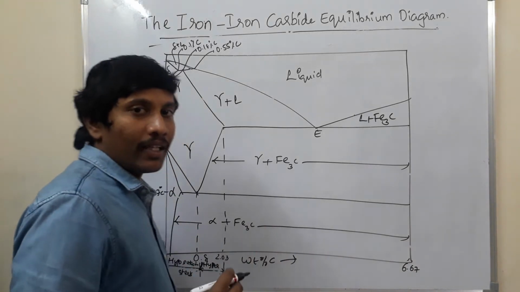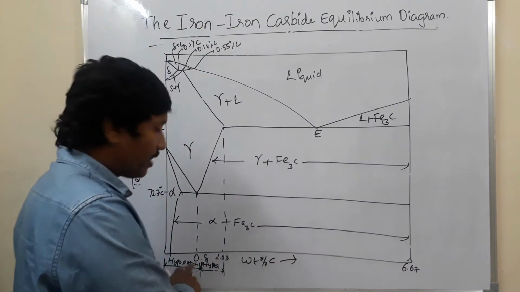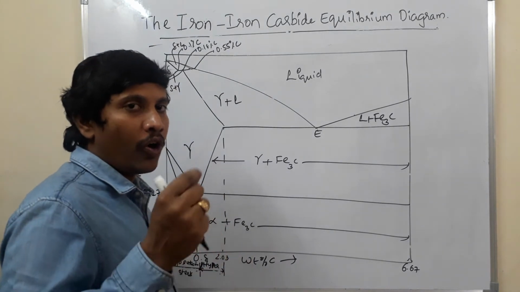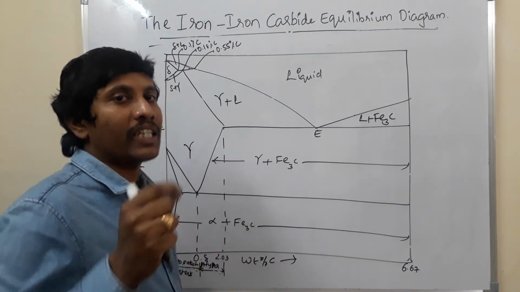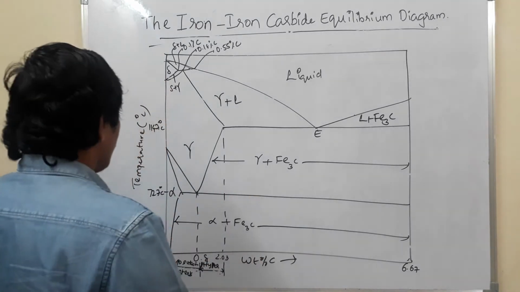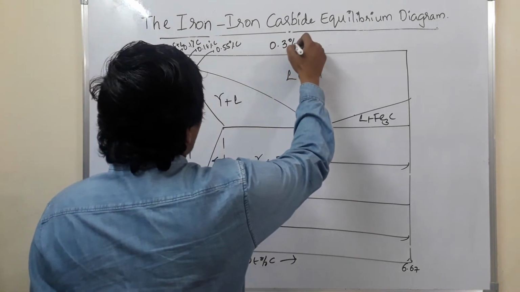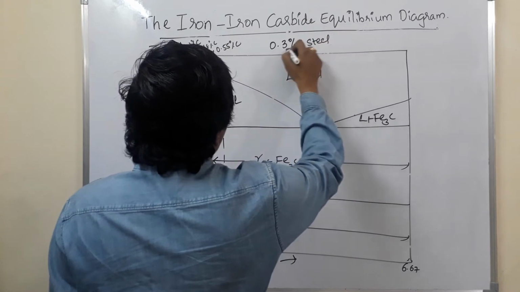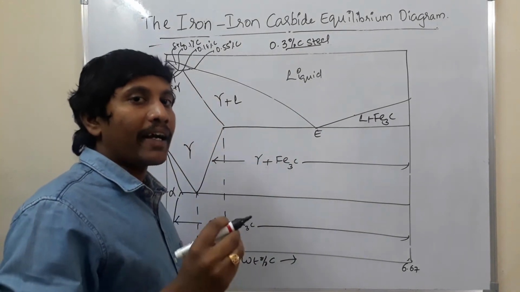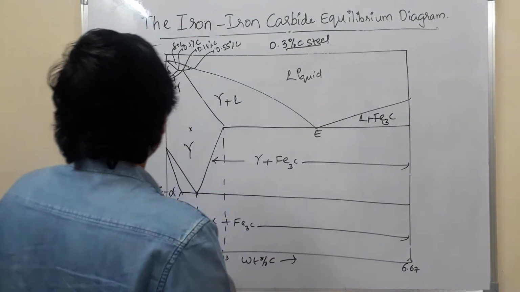So I will take one alloy of hypoeutectoid steel, that is, less than 0.8 percent carbon, and show the microstructural changes occurring during the transformation. Let us take a 0.3 percent carbon steel and study the microstructure changes occurring from the austenite phase to room temperature.